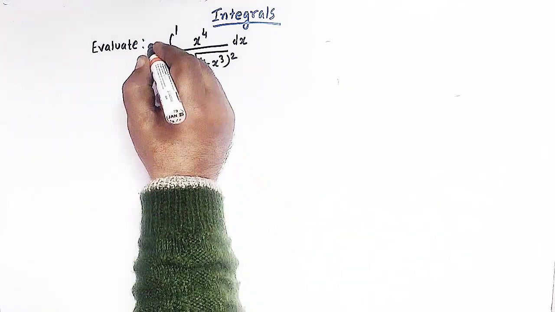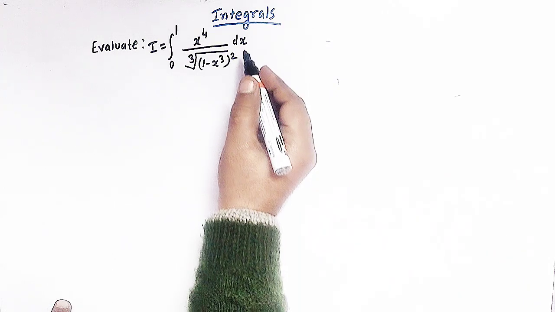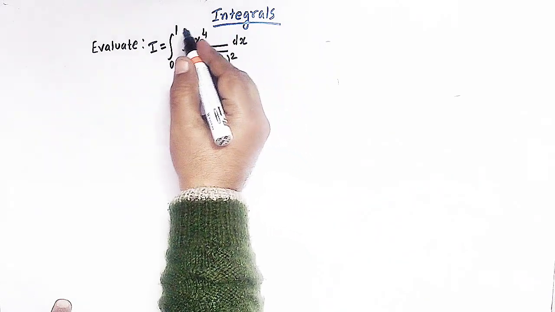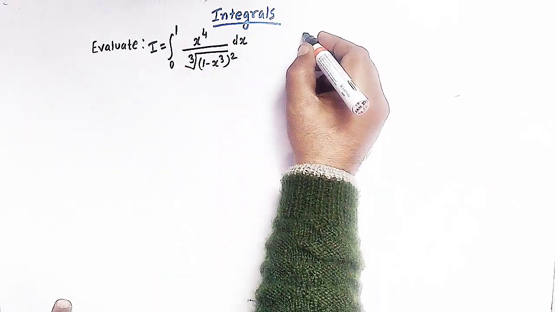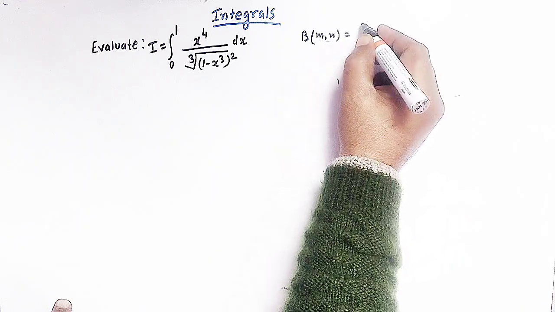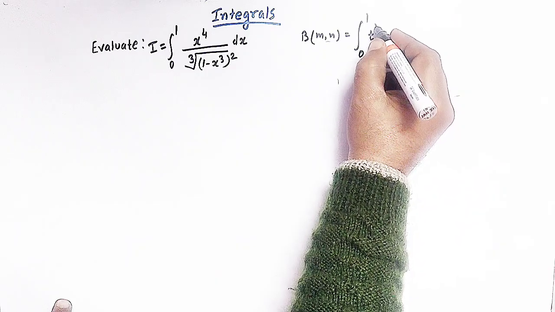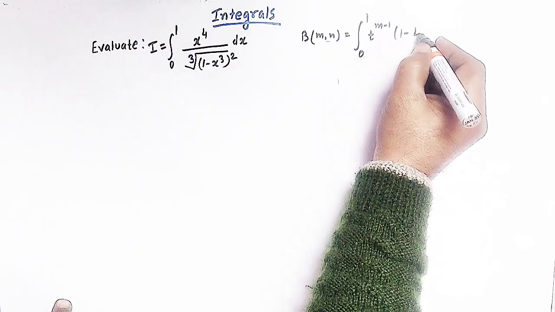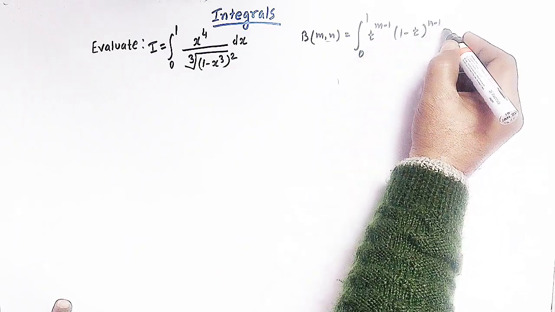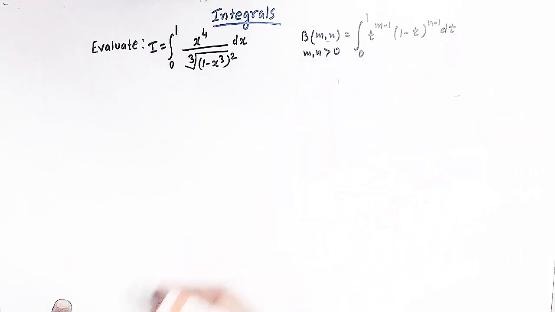So let us call this integral as I, and let us start with the method of substitution, right? Because our aim is to convert this integral into the beta function, that is beta(m, n) is equal to the integral from 0 to 1 of t raised to m minus 1 times (1 minus t) raised to n minus 1 dt, where m and n are greater than 0, right?